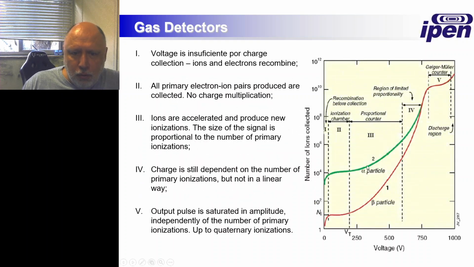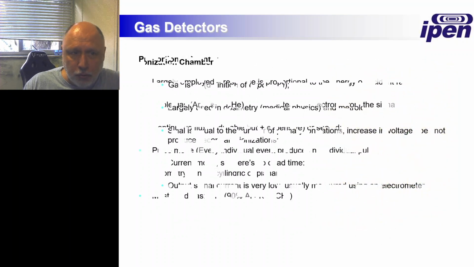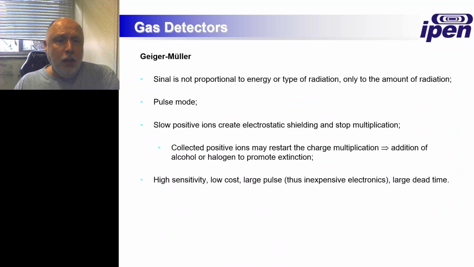You see that we had alpha particles here and betas. You see the signal in this region is exactly the same, no matter if it was an alpha, a beta, or a gamma particle. Meaning it works in pulse mode, meaning it's only good for counting radiation. You will not be able to tell which radiation it was, but you will know it was radiation, right?